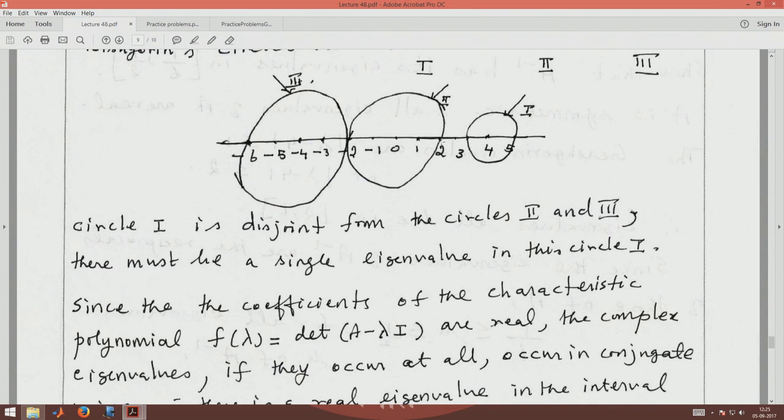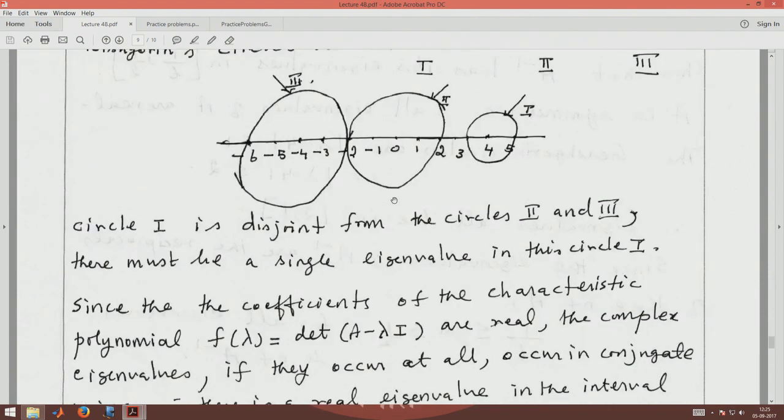So, the matrix A is such that it has one real eigenvalue between -6 and -2, another real eigenvalue between -2 and 2, and a third real eigenvalue between 3 and 5.